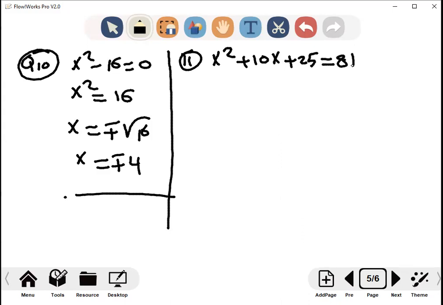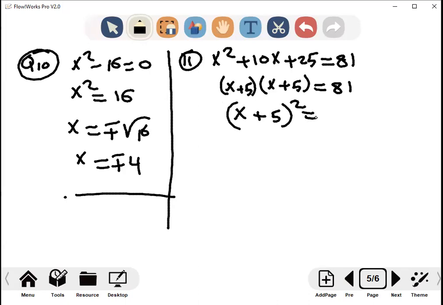Use the square root property. Here, x power 2 is ready, right? So I want something here like this. Half of 10 power 2, 25, right? Again, half of 10, 5 power 2, factorize it. x plus 5, x plus 5 equal 81, means x plus 5 all power 2 equal 81. Got it? Continue now, normal.